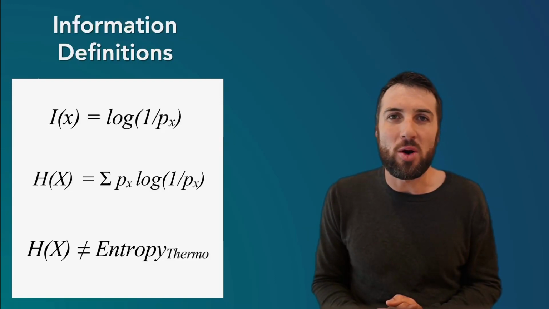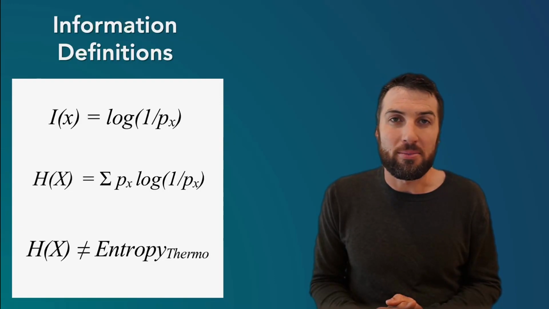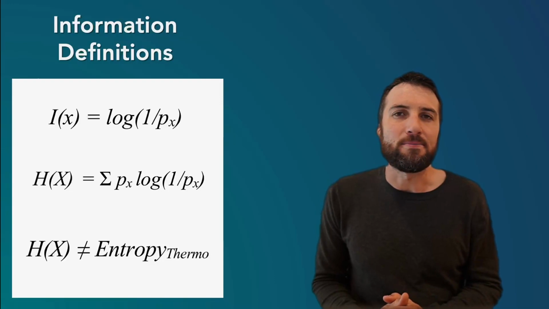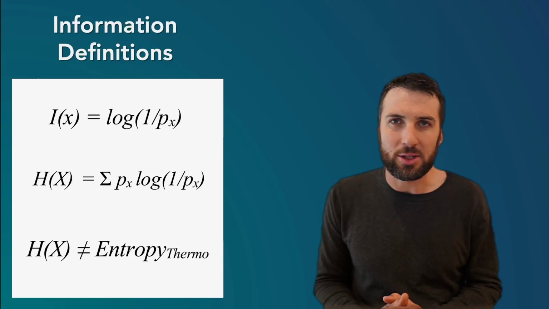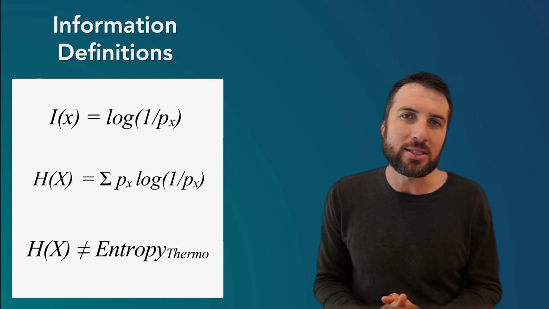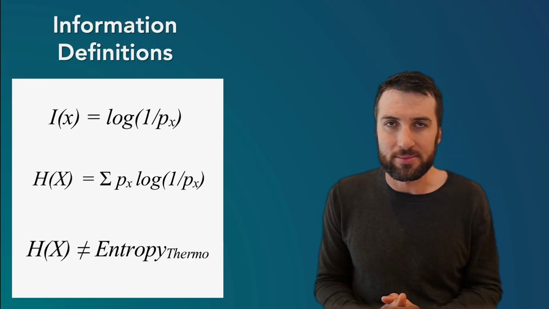Now, I'll just make a note that this formula is very similar to the formula we saw with entropy, that it's the sum of the probabilities and the log of the inverse probabilities, except that Boltzmann's constant is not included. So thermodynamic entropy has Boltzmann's constant, while informational entropy does not.